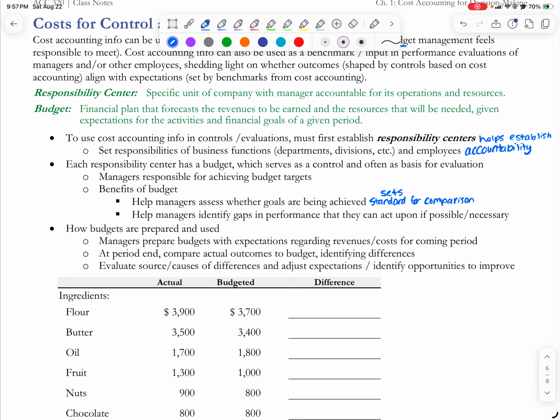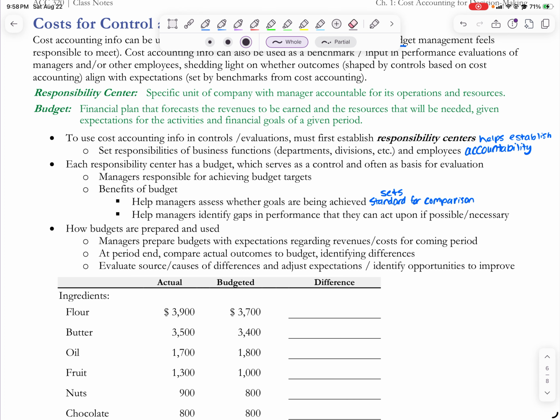And the reason why it's impactful oftentimes too is because they know it'll be used as the basis for evaluation. But while knowing it's going to be used as a basis for evaluation helps it be a control because they feel more accountable knowing that they're going to be looked at against it, it also provides a benchmark for evaluations later on.